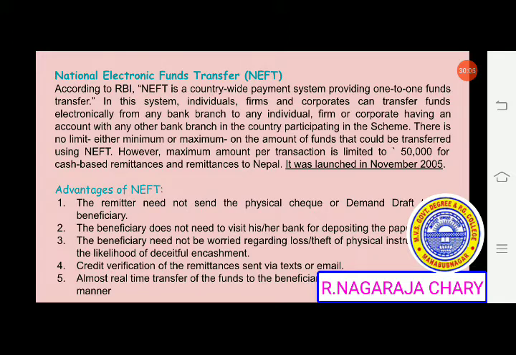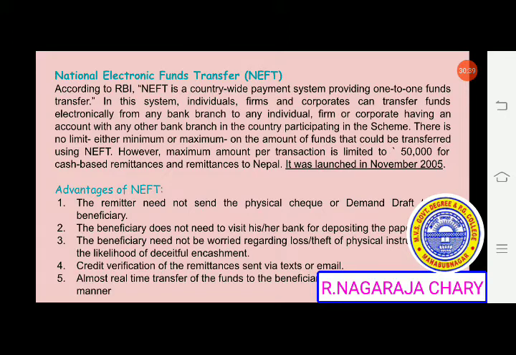It is a countrywide payment system providing one-to-one funds transfer. In this system, individuals, firms, and corporates can transfer funds electronically from any bank branch to any individual, firm, or corporate having an account with any other bank branch in the country participating in the scheme.